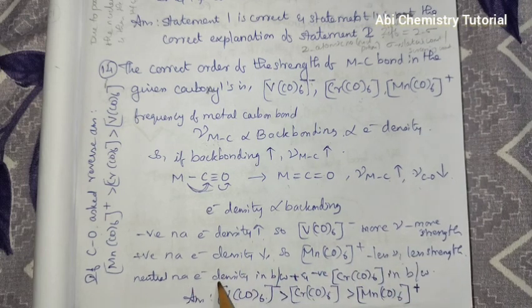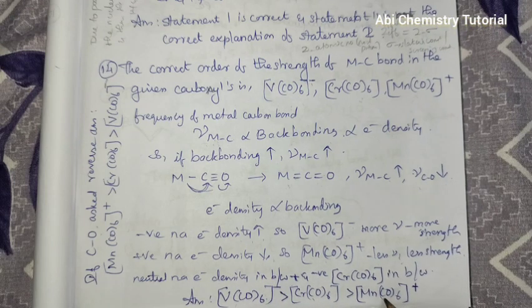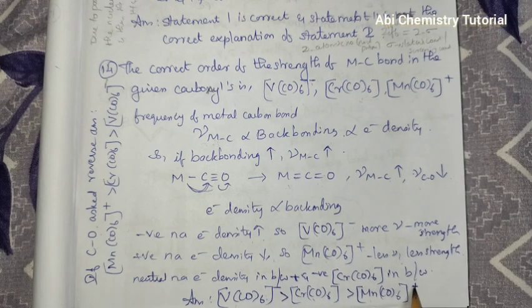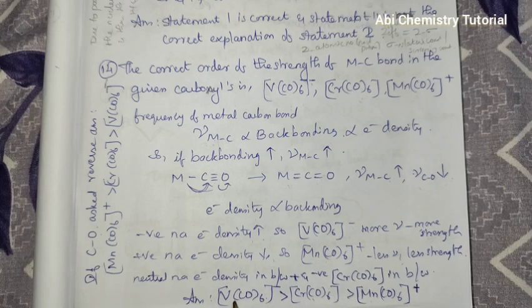The neutral complex's electron density will be in between the positive and negative. So the order of strength will be [V(CO)6]⁻, then the neutral complex, and then the positively charged one. If it is asked for the carbon-oxygen bond, then the order should be reversed. So [Mn(CO)6]⁺ will be highest, then Cr(CO)6, and [V(CO)6]⁻ last, or the least strength compound will be the negatively charged one.